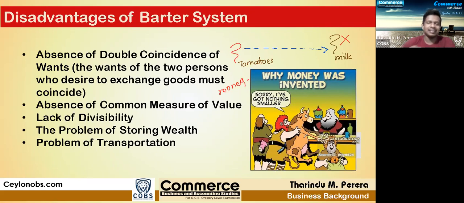If he can, he can get one leg from the cow and get one beer tin. But some goods can't be divided like this. We have to carry the whole animal to exchange something. We can't divide that animal into small parts.